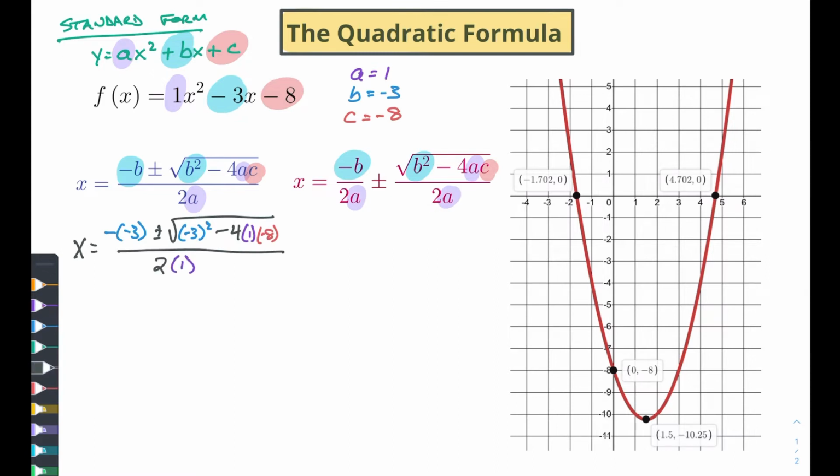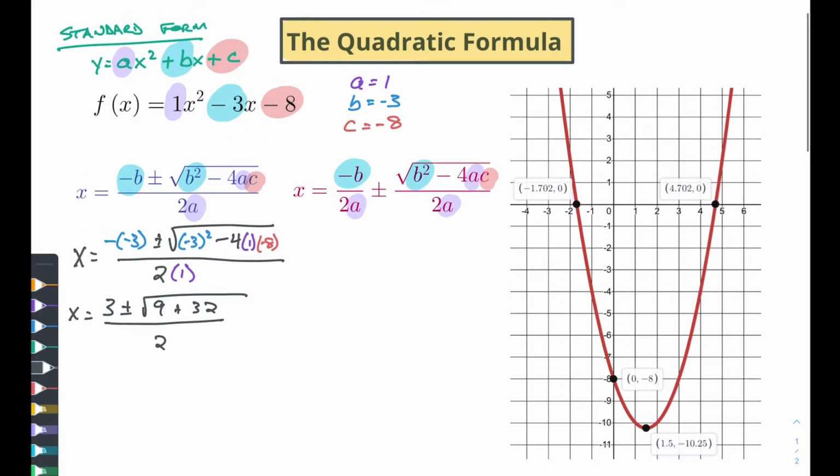So if I were to continue working down this left side, and then we'll go over here to the other version. We've got a +3 plus or minus the square root of -3 squared, which is 9, minus 4 times 1 times -8. So -4 times -8 is a +32, all over 2.